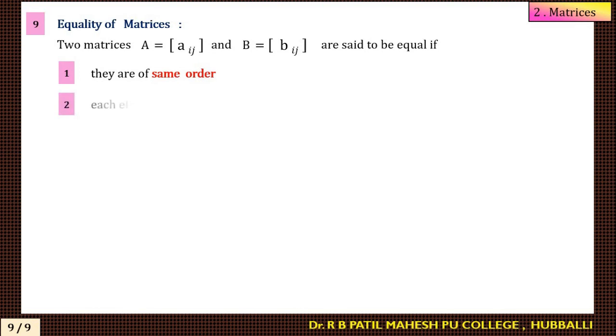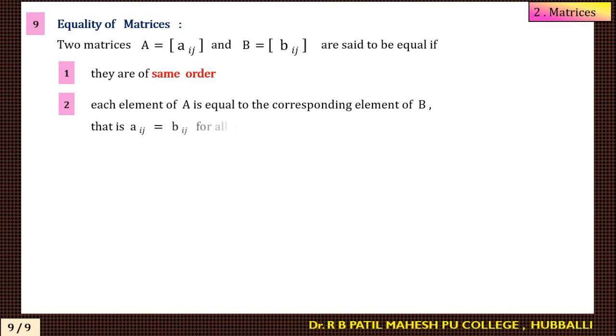Second point, each element of A is equal to the corresponding element of B. That is, aij is equal to bij for all i and j. That means the first position element in matrix A and the first position element in matrix B should both be the same. Like that, all remaining position elements of A should be the same as in matrix B.